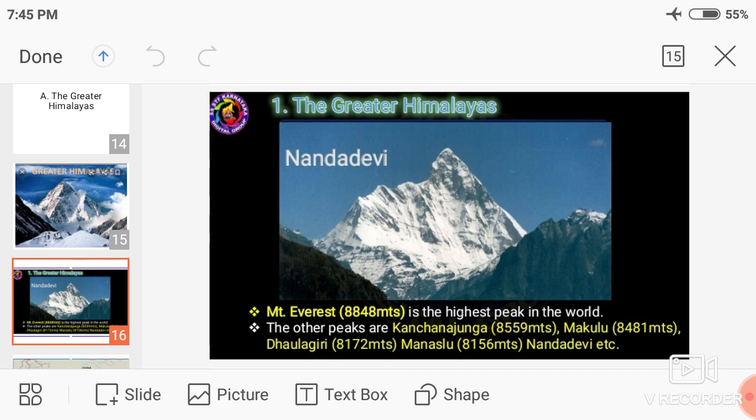Dhaulagiri is 8,172 meters. And Manaslu is 8,156 meters high.